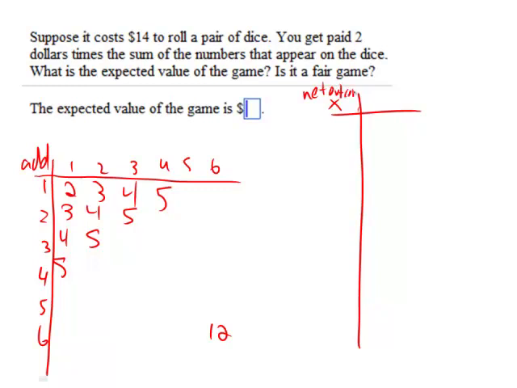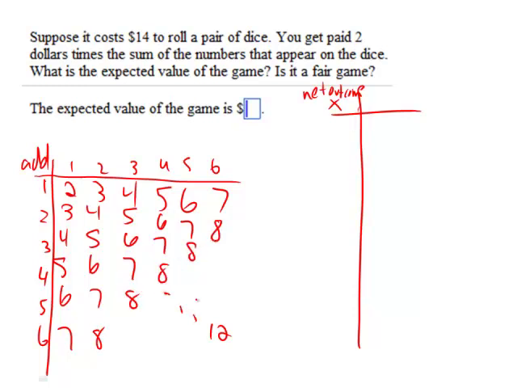And there's 12 different net outcomes. Seven shows up 6 different times. And then 8 shows up 5 different times. And so on.